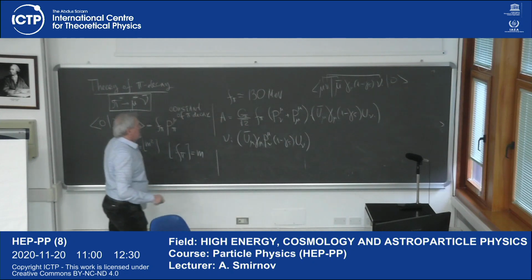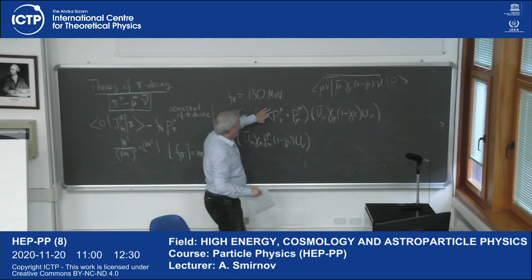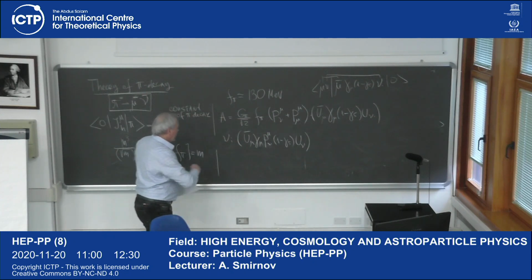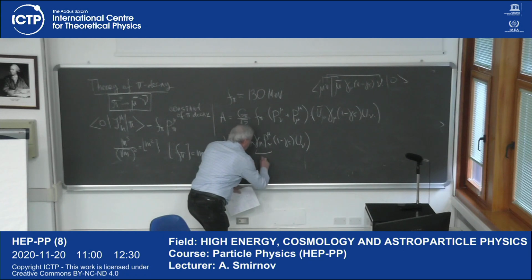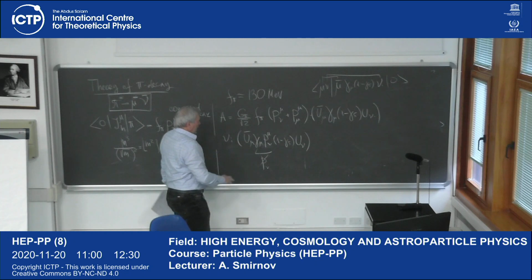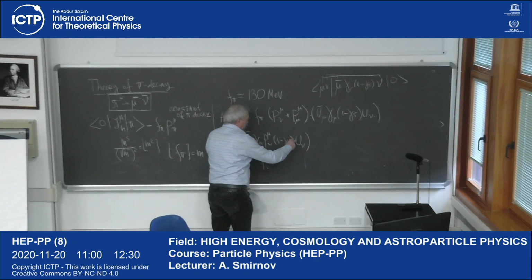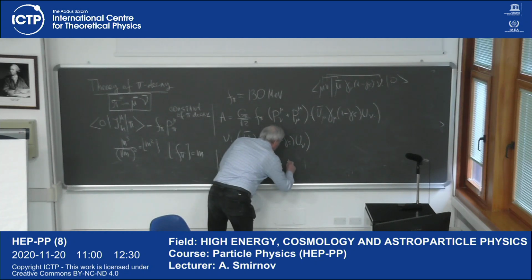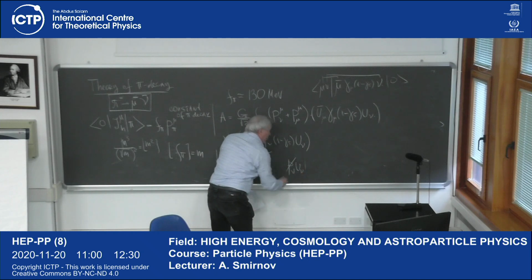I just take this term and attach this slash to the neutrino. So this is nothing but P-slash of the neutrino, so I can actually permute and write P_ν, and here is the spinor of the neutrino.